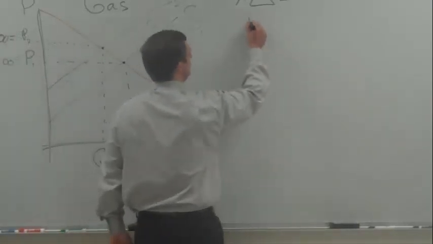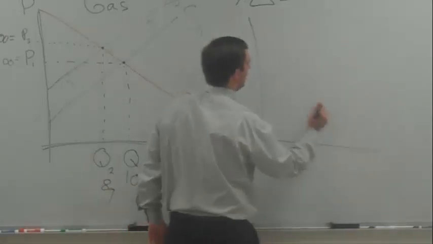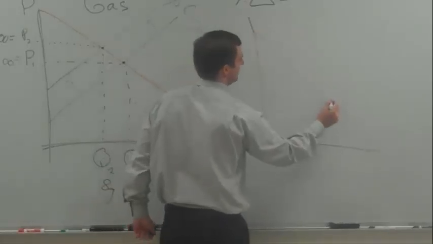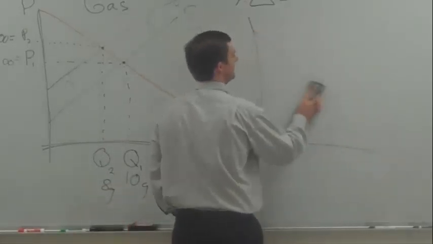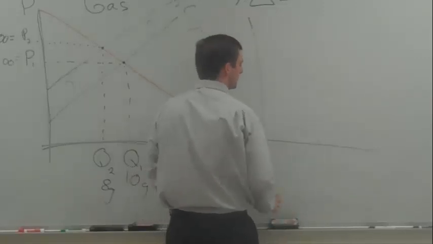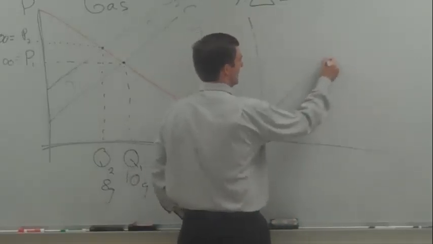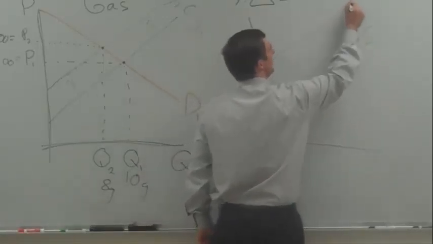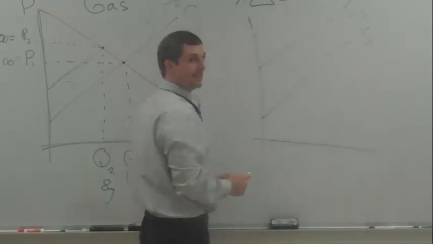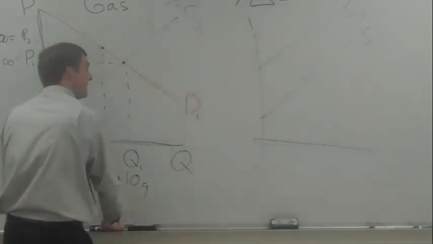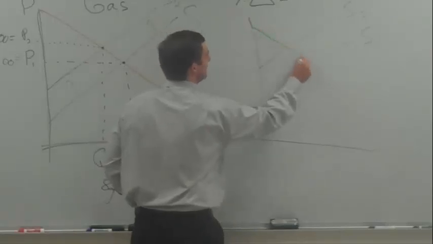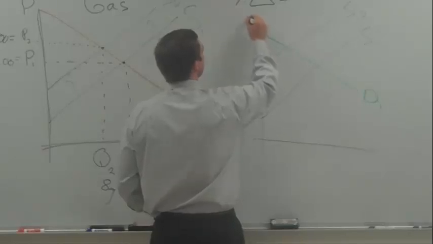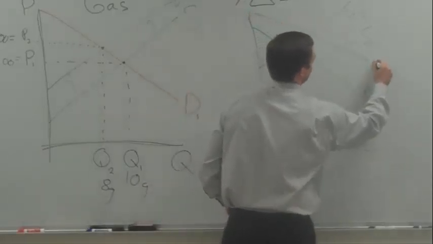What would happen if our supply, forgetting which marker I'm holding, our supply goes up, S1 to S2, and at the same time, our demand, I know this is green, goes this way.